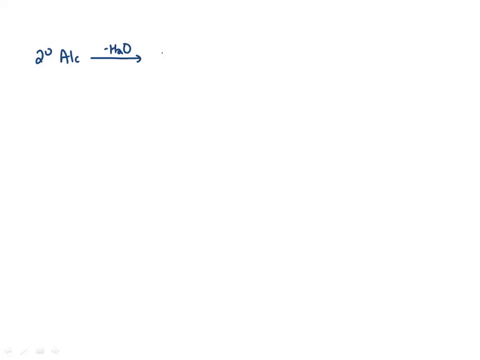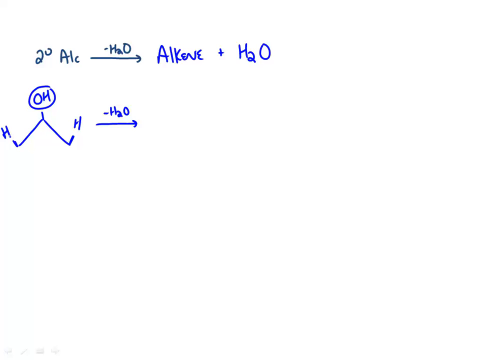Okay, so we got a secondary alcohol. It's going to be dehydrated to form an alkene plus water. So here's my secondary alcohol, right? And remember, we just said that this is our standard elimination reaction. So I'm going to lose this OH, and I'm going to lose either the H on the right side or the H on the left side to make that carbon-carbon double bond, right?